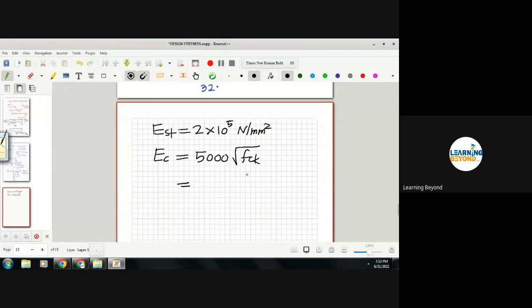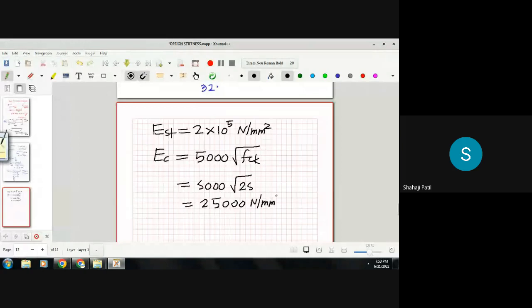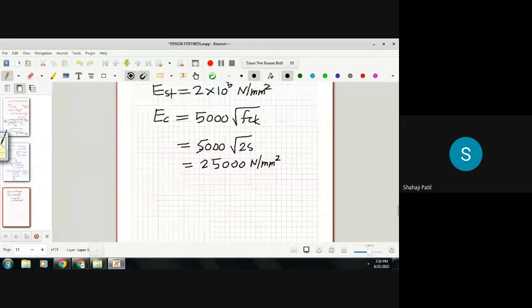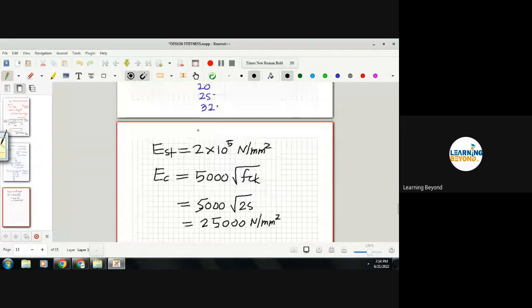Now let's take fck as 25. So 2 into 10 raised to 5 means how much? 2 lakh. So this is 2 lakh and this is 25,000.